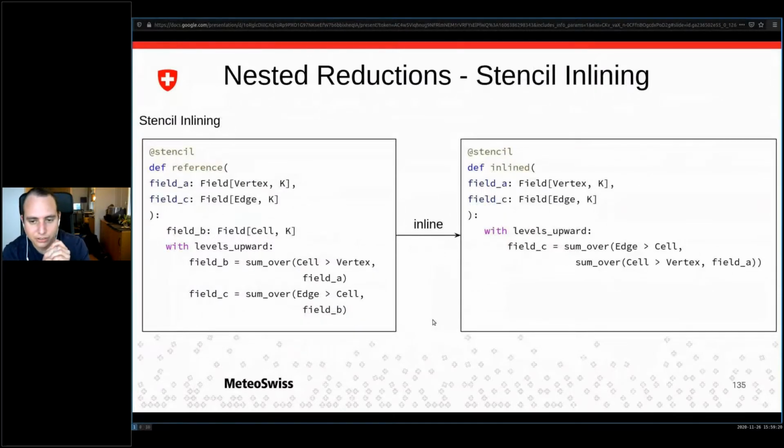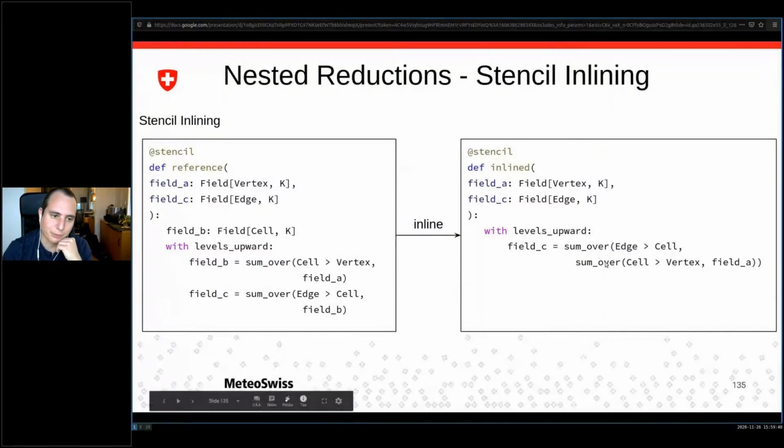In this case, we have 2 stencils which are in fact equal this time around. One with an intermediary result and another one performing the same thing nested. And well, obviously the right-hand side might be preferable because we don't have this additional field, right?